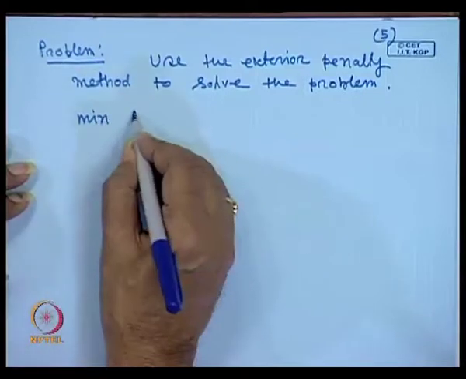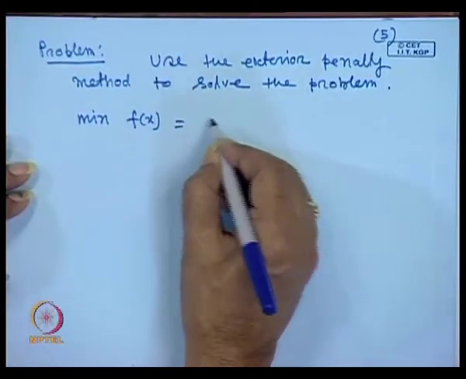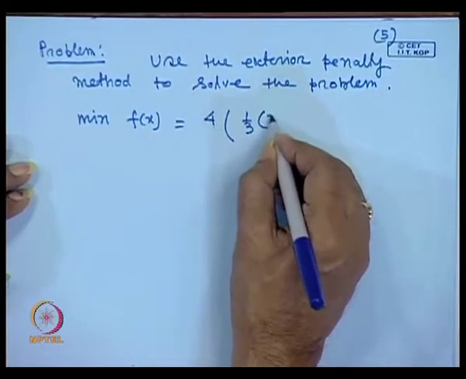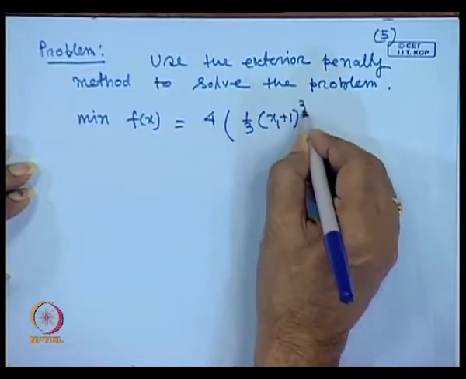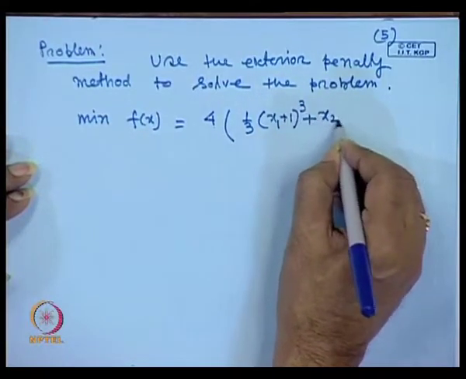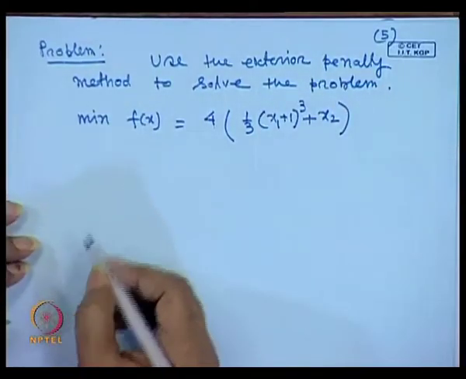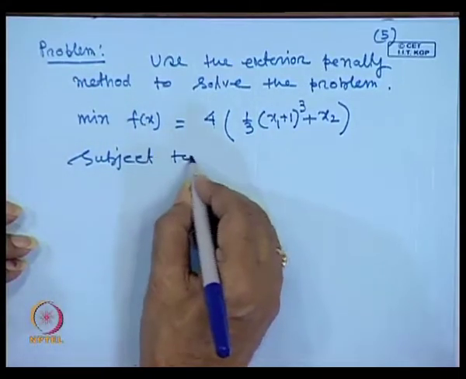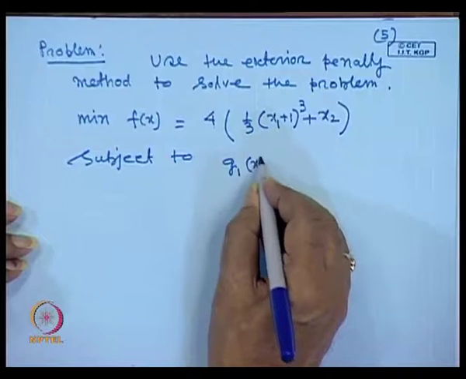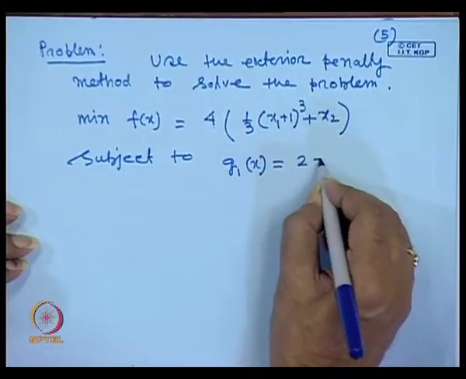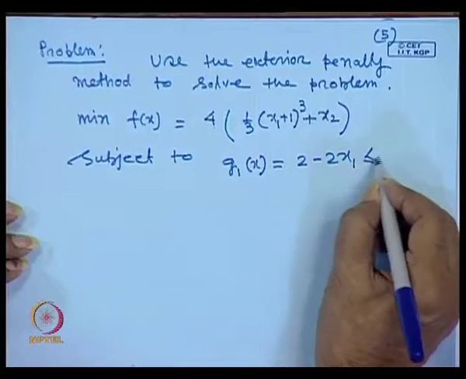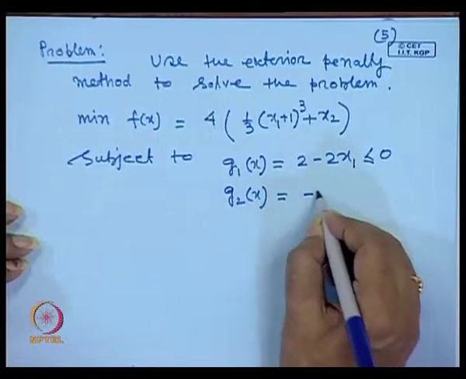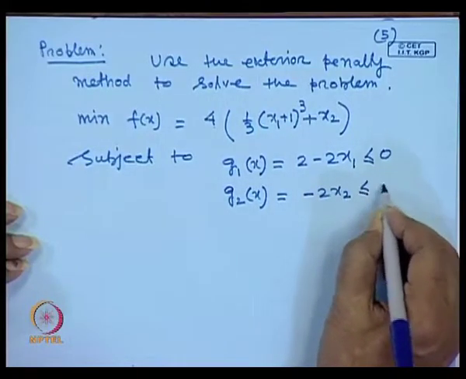Minimize f of x is equal to 4/3 times (x 1 plus 1) whole cube plus x 2, subject to g 1 of x is equal to 2 minus 2 x 1 is less than or equal to 0, and another constraint is minus 2 x 2 is less than or equal to 0.